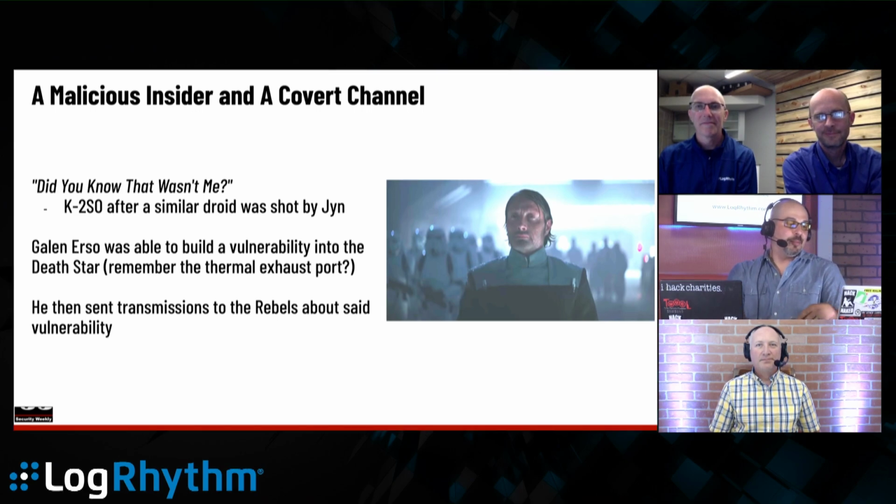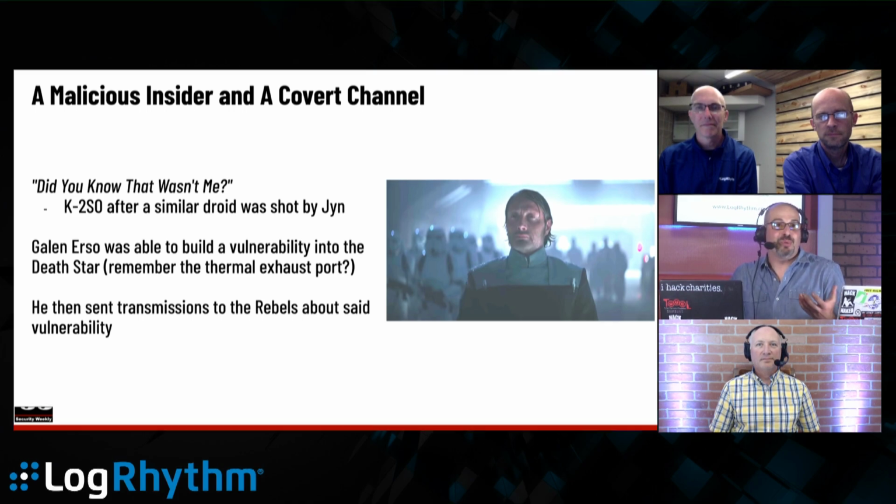So, Galen Erso is one of the main plot points in the movie Rogue One. Essentially, Galen's one of the lead designers of the Death Star, and is forced by the Empire to do their evil bidding and continue designing the Death Star. And what's interesting is Galen's actually a malicious insider inside the Empire.